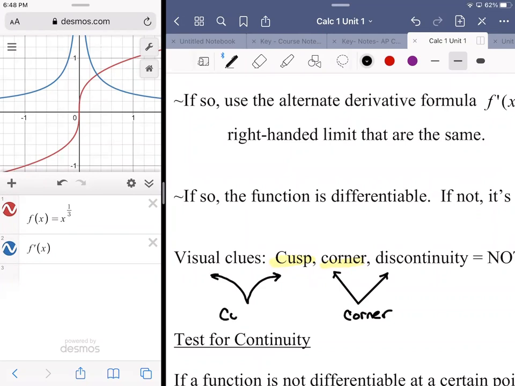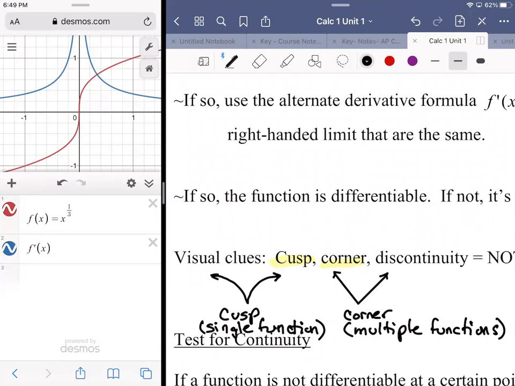This would be an example of a cusp. Typically, a cusp will occur for a single function. A corner usually occurs when you're dealing with multiple functions, right, that are pieced together.